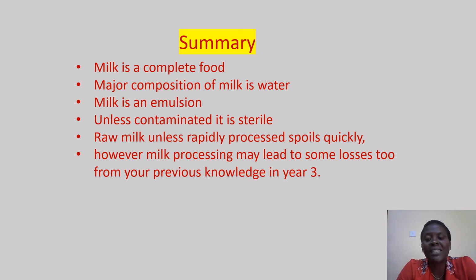However, milk processing may lead to some losses, from your previous knowledge in year 3. It can lead to loss of nutrients and loss of quality. All this needs to be noted, so we can know the significance of processing raw milk as opposed to consuming raw milk on its own.